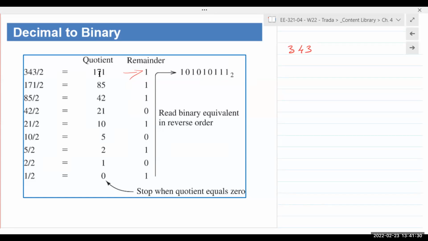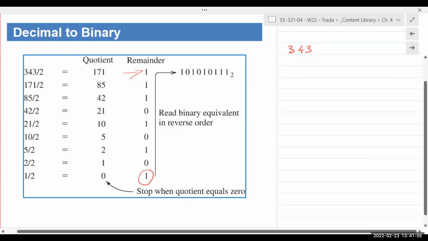And so you continue down the line until you're finally left with 2 divided by 2. Eventually you will reach a point where you have 2 divided by 2, which is 1, remainder 0. Then as a last step, you do 1 divided by 2, and that gives you 0, and you plug in the remainder as 1.